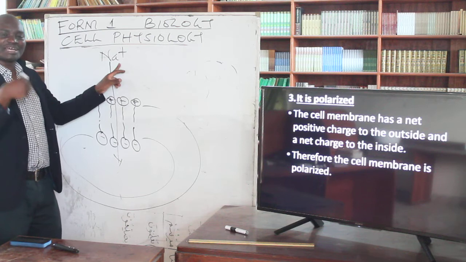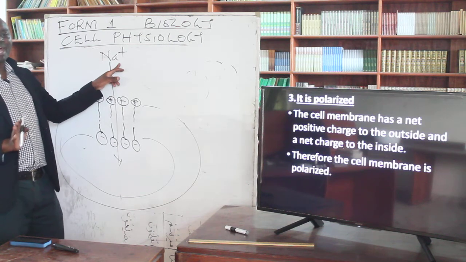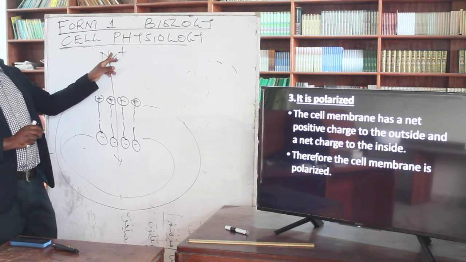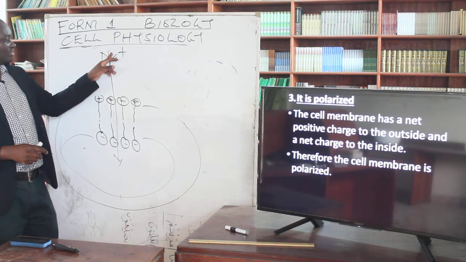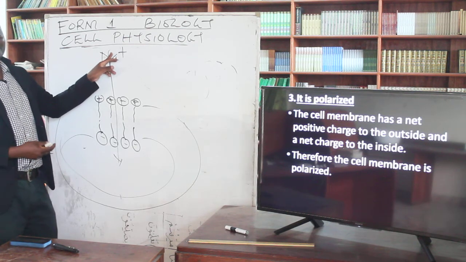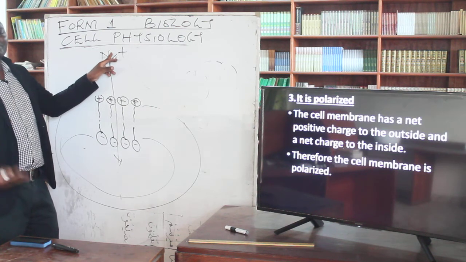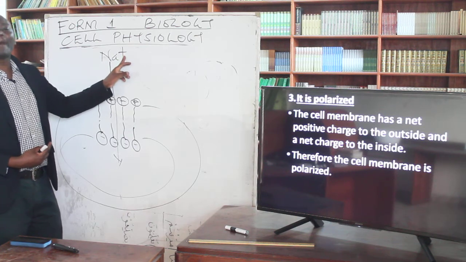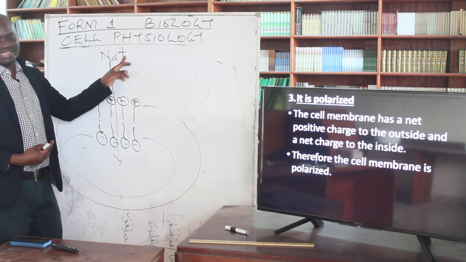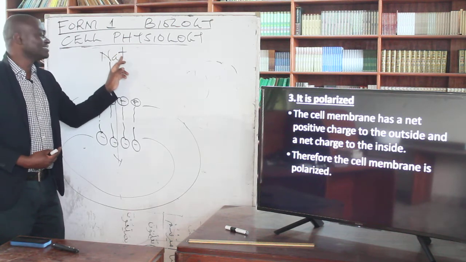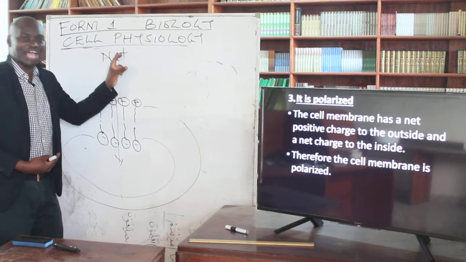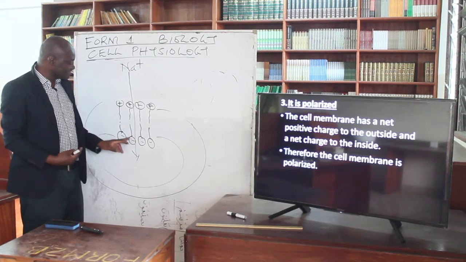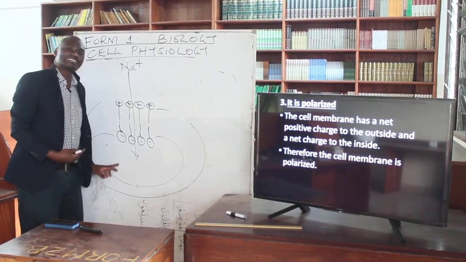A polarized substance will be attracted to a polarized body. Sodium ion, for example, we eat a lot of sodium chloride, salt, meaning we have sodium ions in our body. Why? Because they are important in the body. So this sodium is a polar ion. Why? It contains a charge. And because it has a charge, what will happen? It will be attracted by the negative charges on the cell membrane.